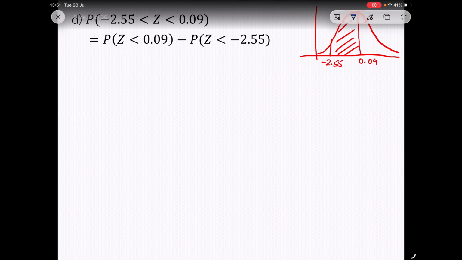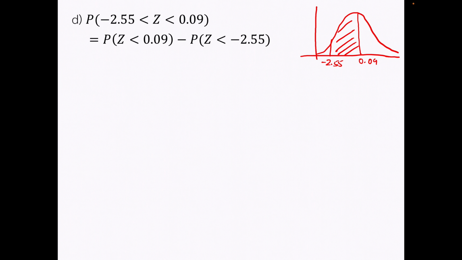That means you need to take out the part right here. You need to consider the area P of Z less than 0.09 minus P of Z less than minus 2.55.